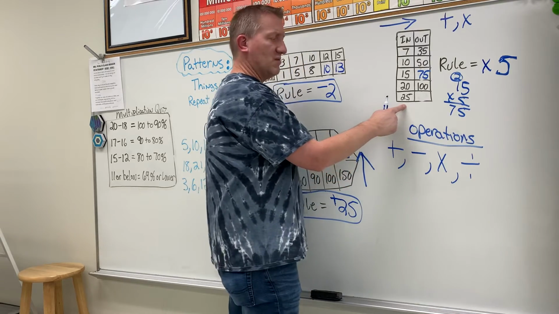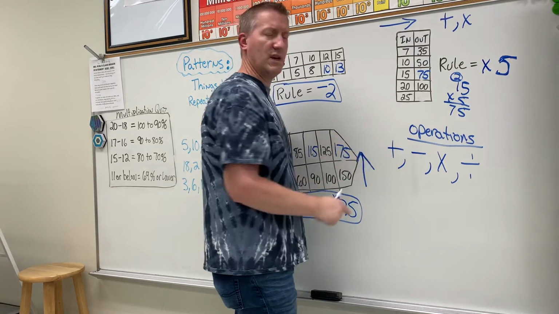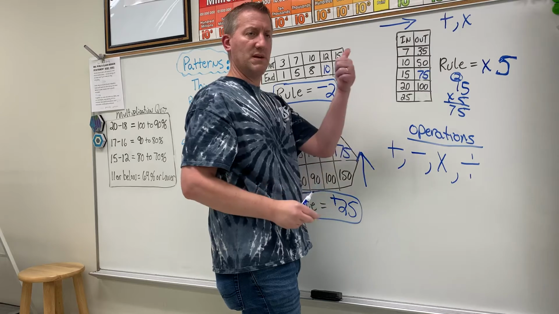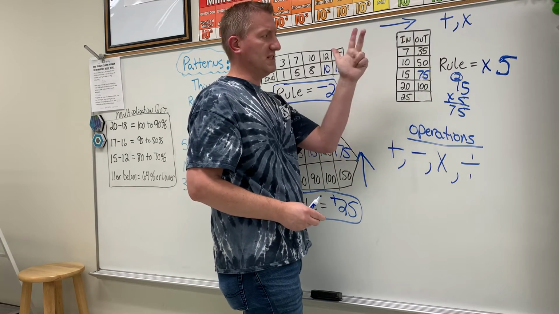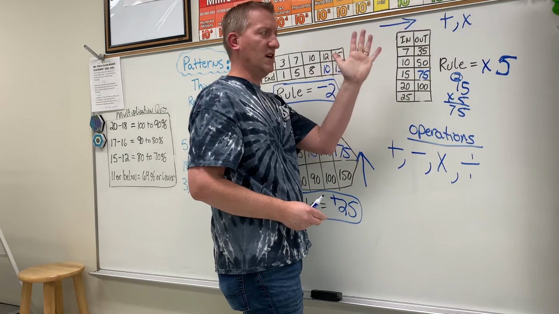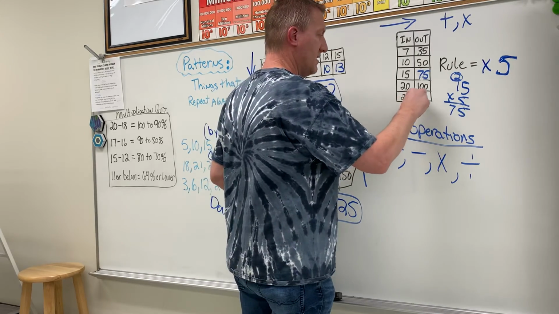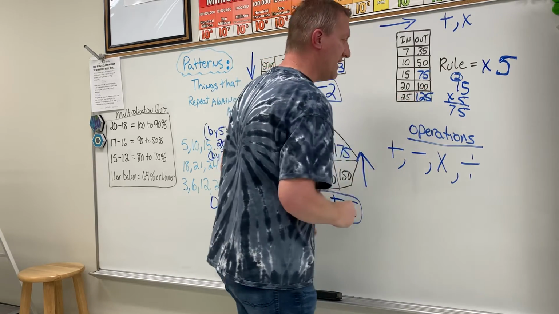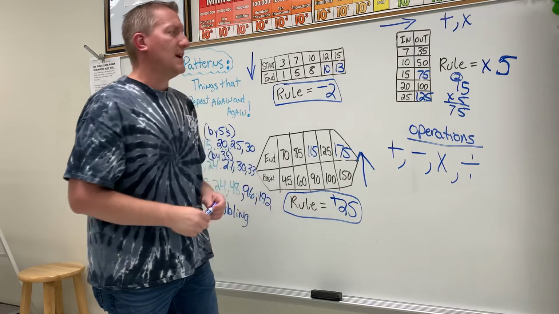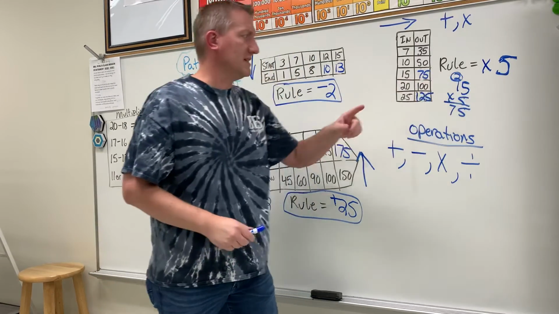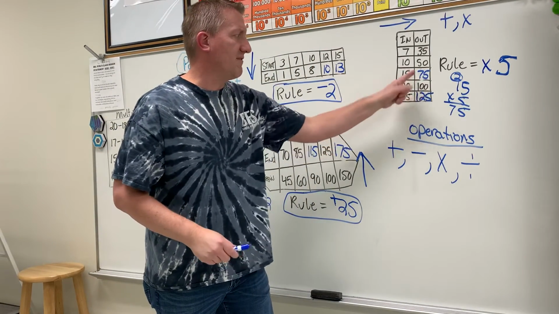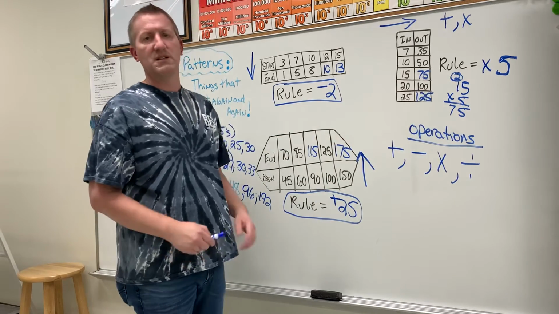And I can do this one in my head. 25 times 5, I can count by 25s. 25, 50, 75, 100, 125. So 125 is that one. All right, so I found my rule is times 5. Then I went and found the missing numbers.